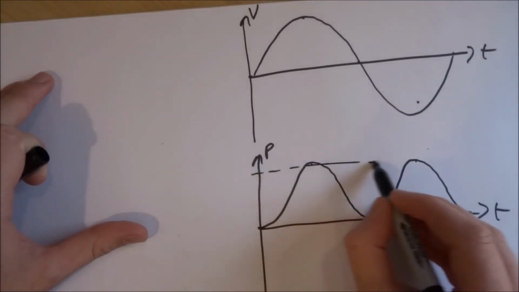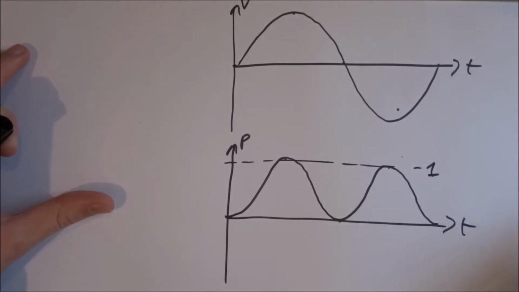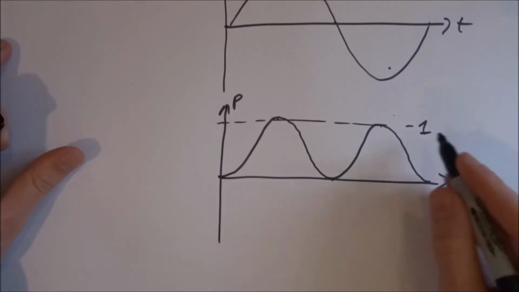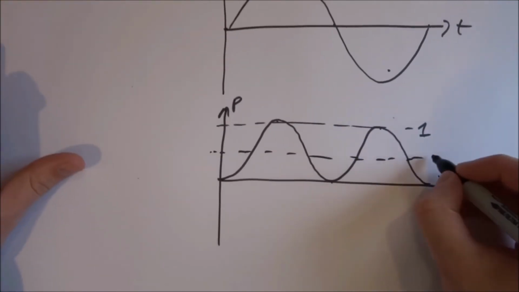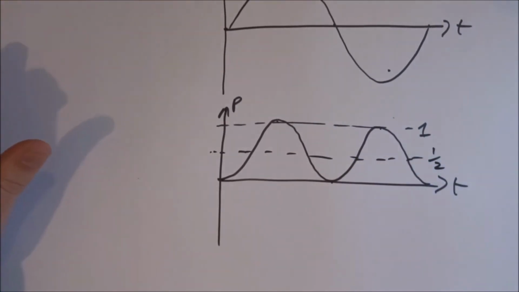And if the peak amplitude of the sine squared wave is 1, then the average of it over a time period is going to become a half, as we saw before.